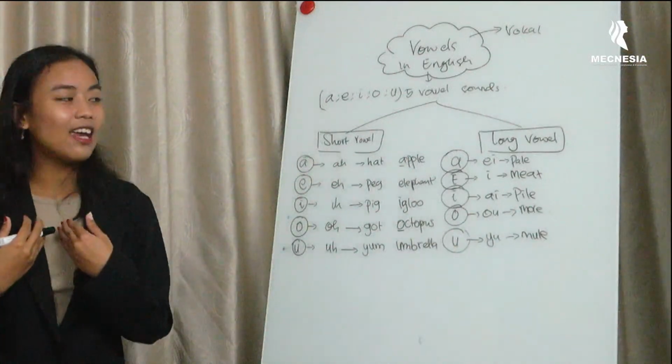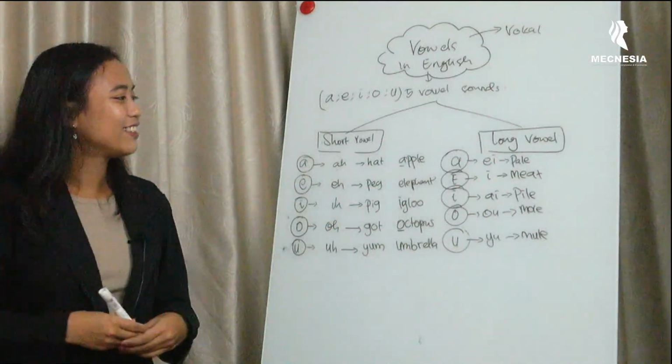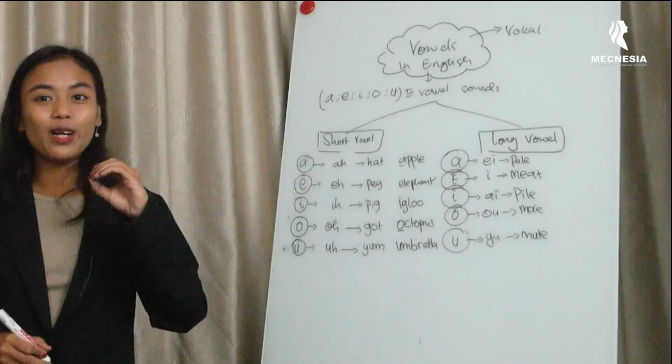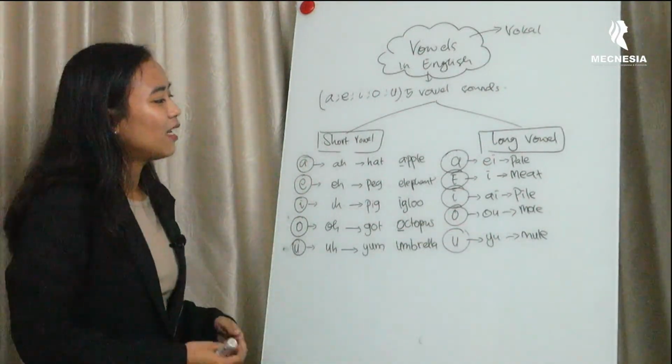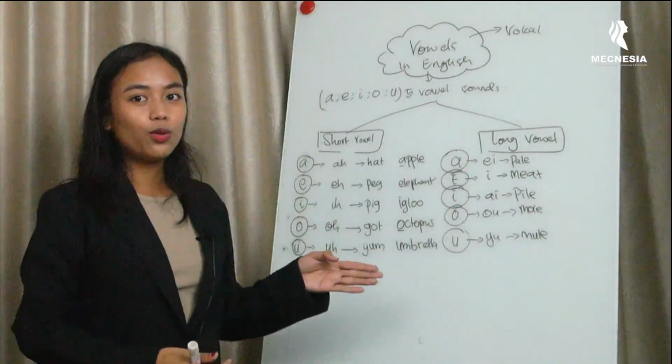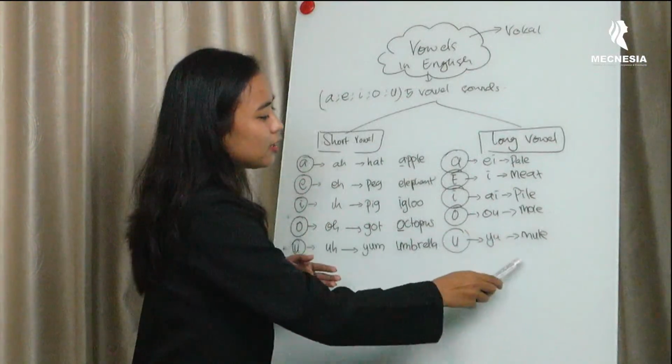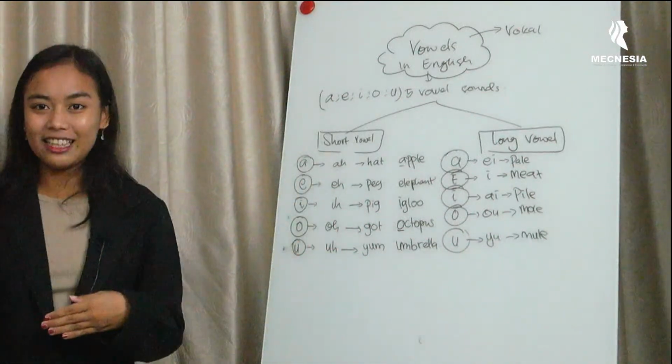We have I and E there. The next one is the word mole. We have O and E. And the last we have mule. So there are two vowels in English in this word, U and E.